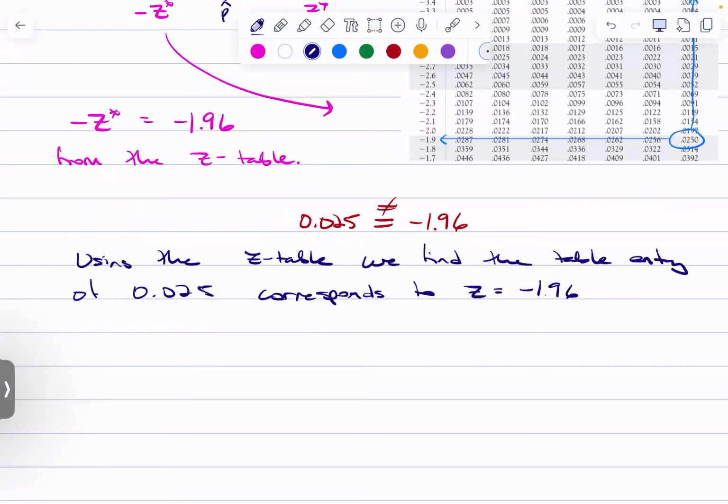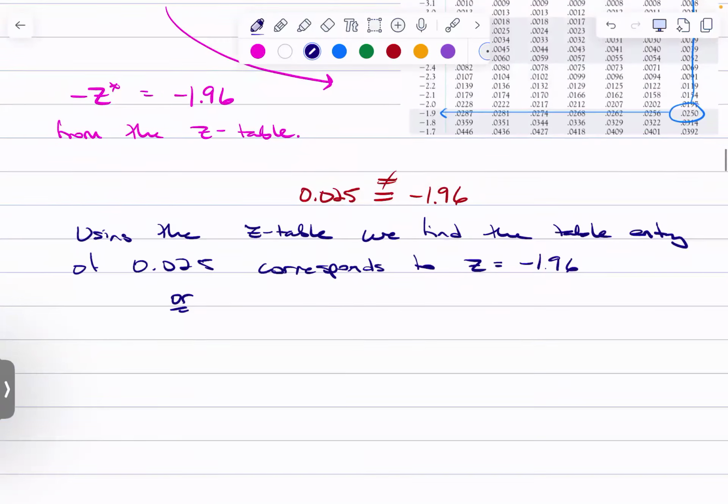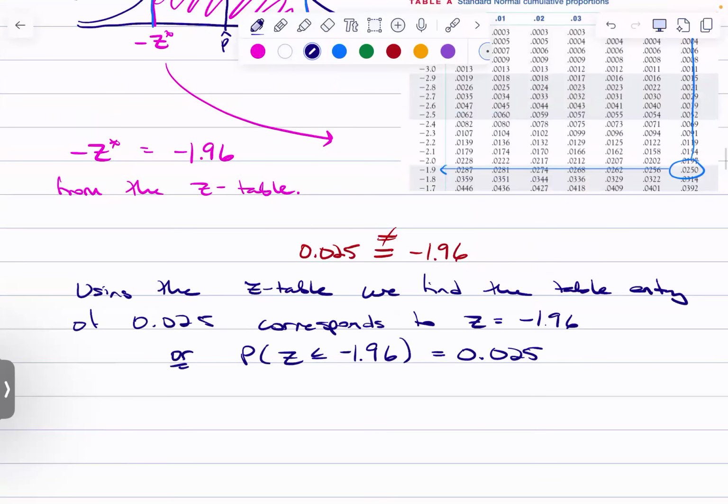Lots of words. Or if you're comfortable mastering the shorthand, the probability that Z is less than or equal to negative 1.96 is equal to 0.025. Shorter, but harder, right? So you get to choose. Long and easy or short and hard. It's your choice.